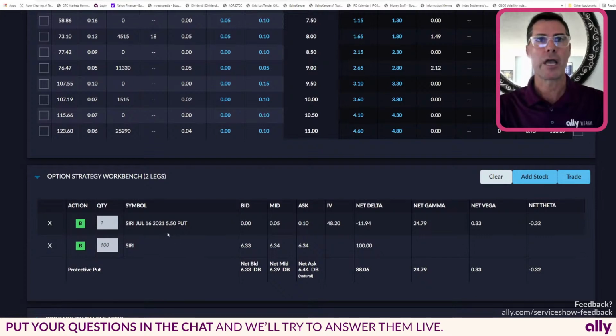You're also buying a protective put at 550. Now, both of these transactions are costing you money as opposed to the previous example. You're paying for your Siri and you're paying 10 cents, so that's times 100, a $10 premium for your protection. No different than buying insurance for your house or your car. If the stock wrecks, you have protection, and you're not upset if you don't wreck your car, but you did have some peace of mind.